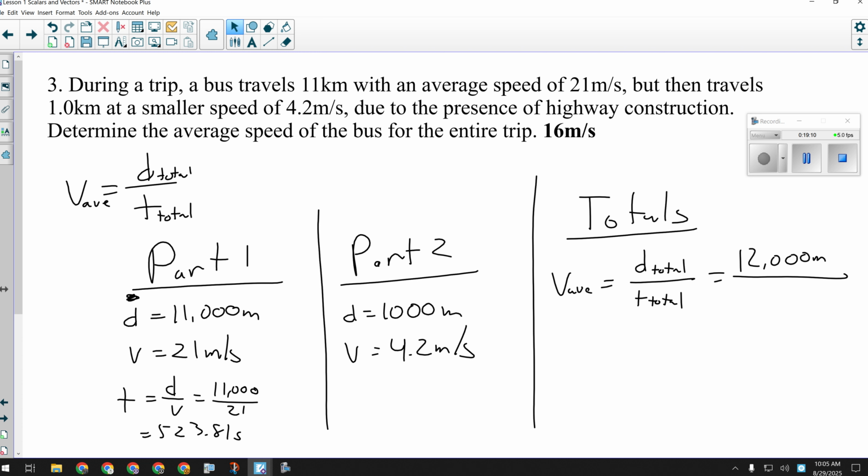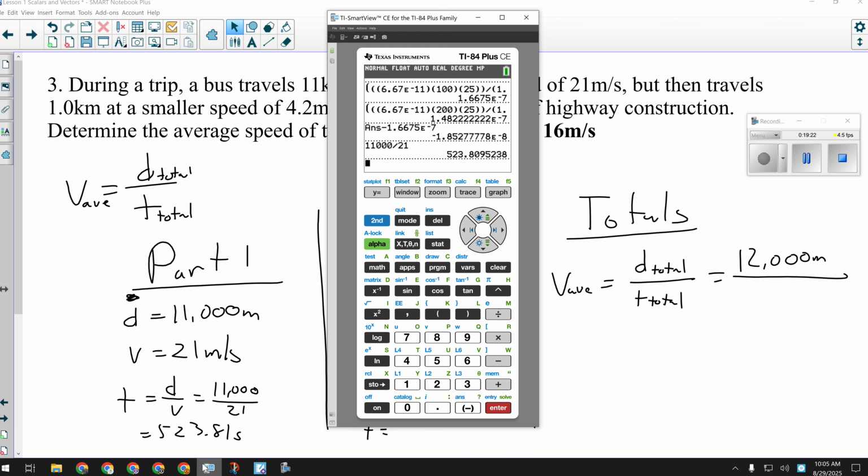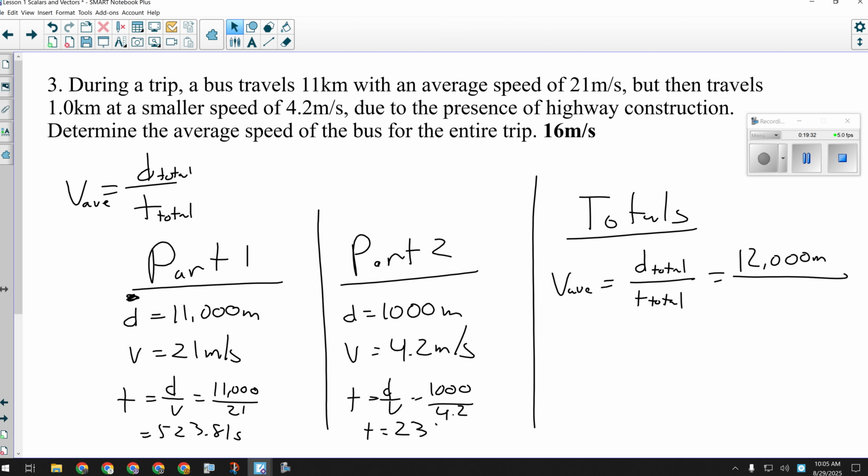And then for this part here, we're going to do the same thing. T equals d over v, so 1,000 divided by 4.2. So that's 238.10. Can I get the total time now?